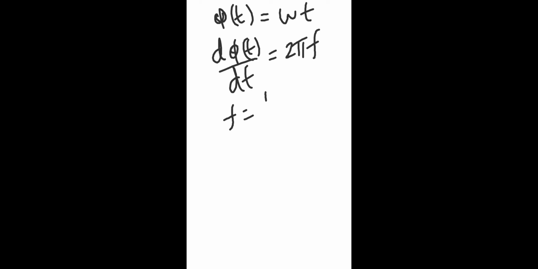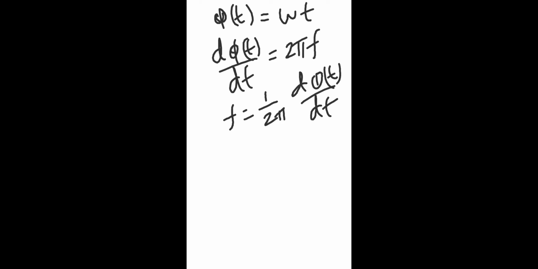Once you do differentiation, d phi of t divided by dt, this is 2 pi f. So f is equal to 1 by 2 pi times d phi of t divided by dt.